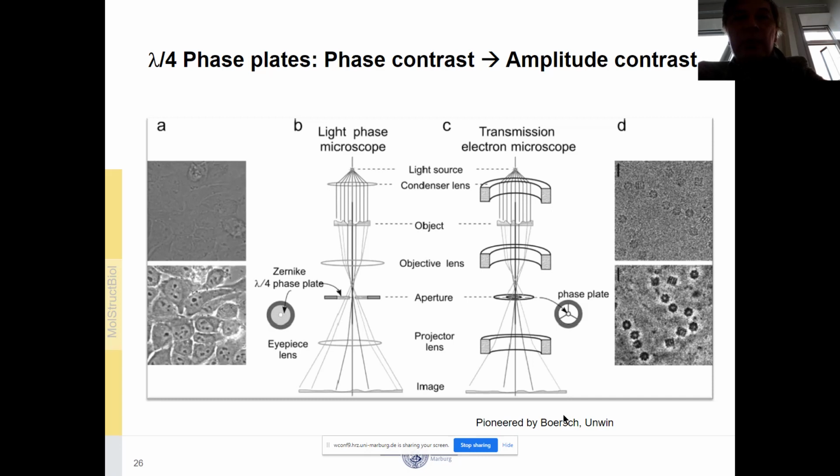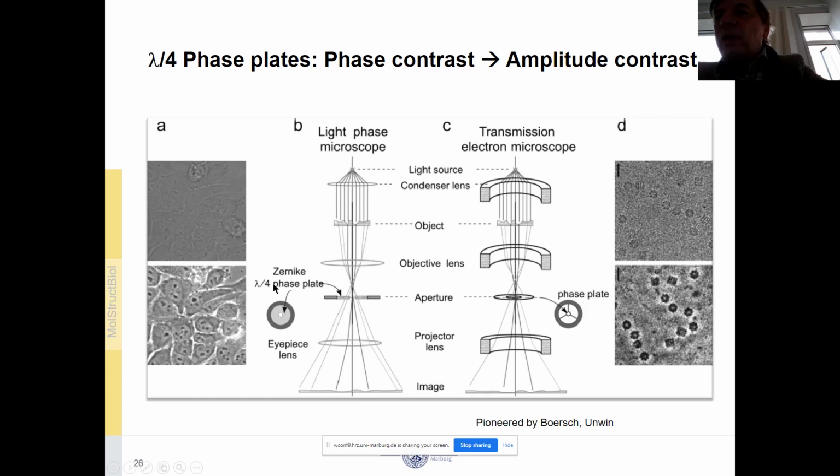What one can use are so-called phase plates in microscopy. Here you see that in light microscopy, a normal, more or less amplitude-like picture, pretty weak contrast. And here you see something where the phase information has been used to make the image up, to make contrast up.